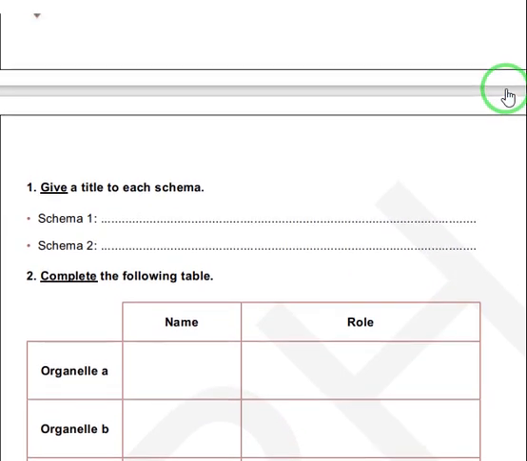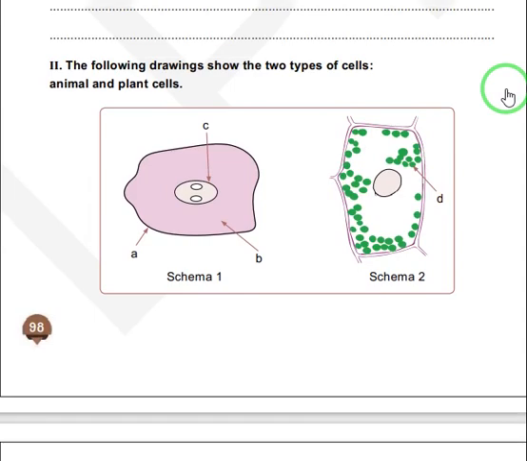Let's move back to organelle A. Look at the organelle A. Of course, as we said before, number 1, this photo, is an animal cell. So number A, the outer membrane of the cell is called cell membrane or cytoplasmic membrane.